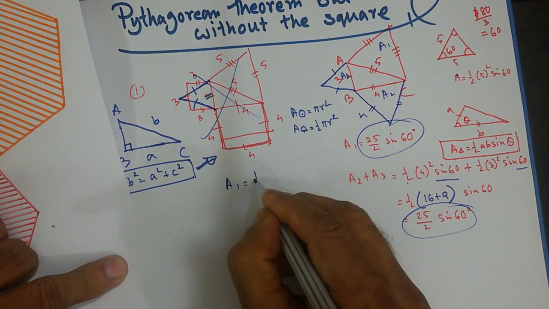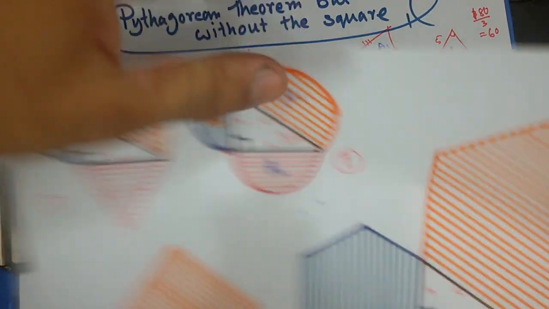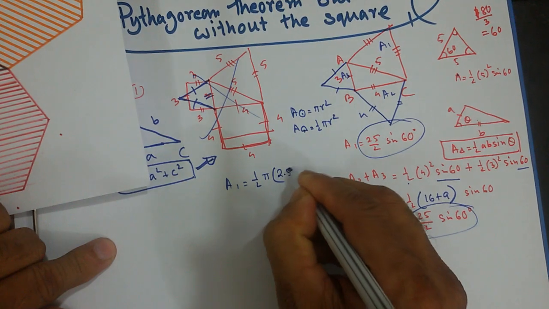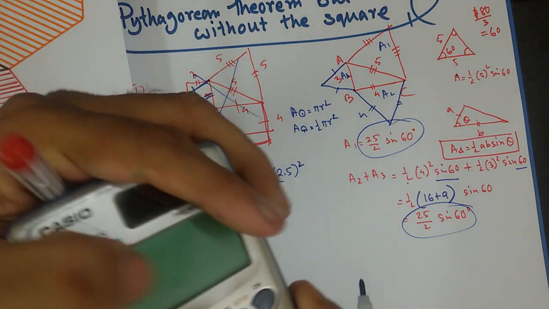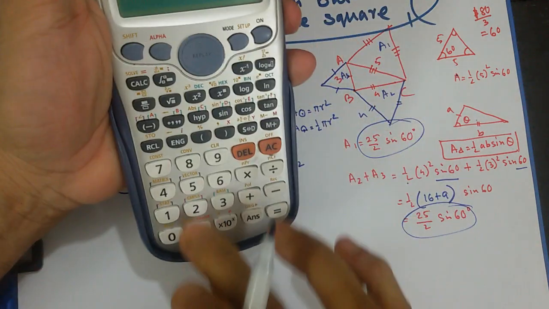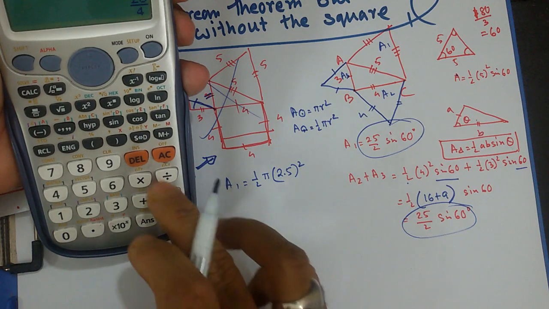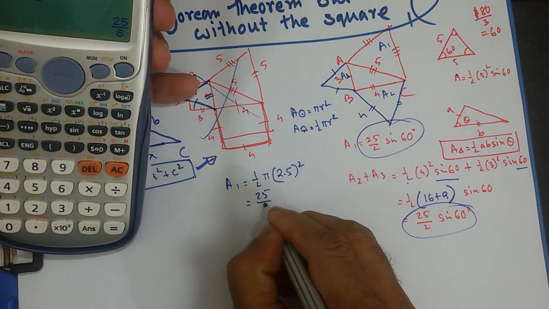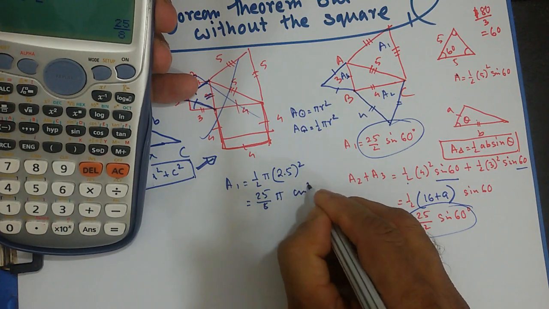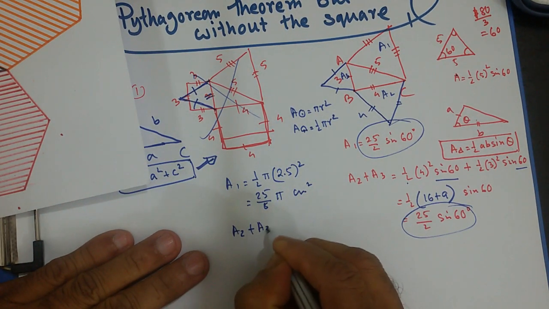Now area 1 is going to be half pi, r is 2.5, so it's going to be 2.5 squared. Let me use the calculator for that. 2.5 squared is supposed to give you 25 by 4, divided by 2, so 25 over 8 pi square centimeters.